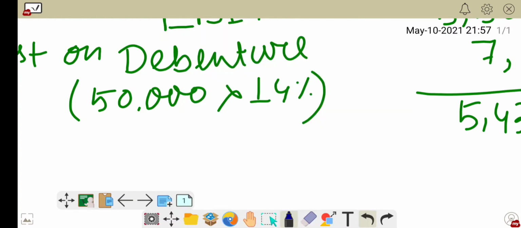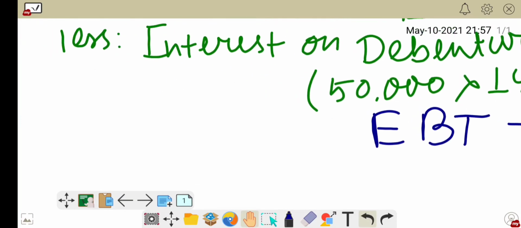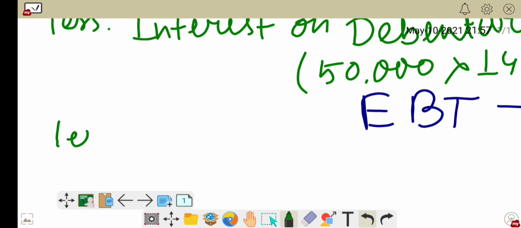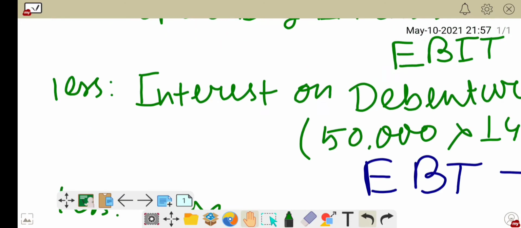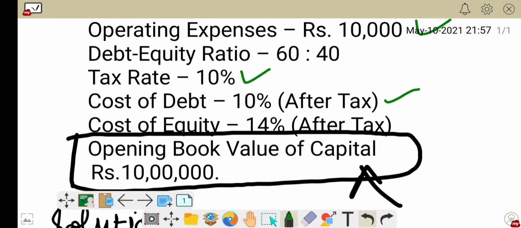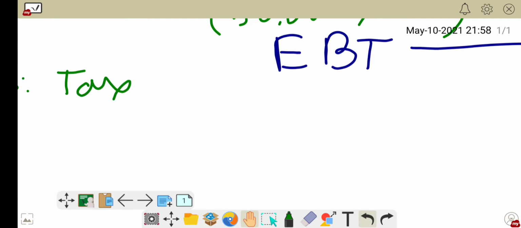EBT, or earning before tax. From earning before tax, we will deduct tax. The tax rate given in our question is 10%.